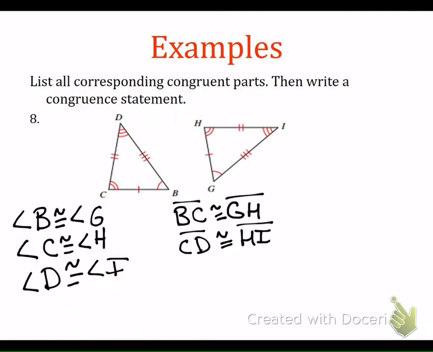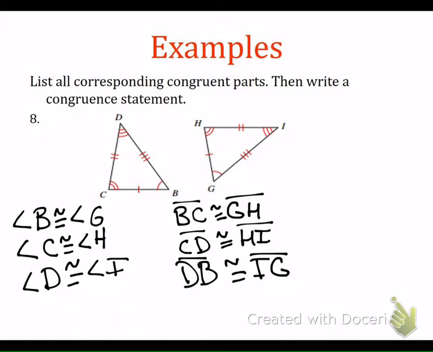Perfect. And then the last set would be side DB would go with what? IG. Marked with 3. Yep. Yeah, the sides are line segments, so you need the segment symbol above.